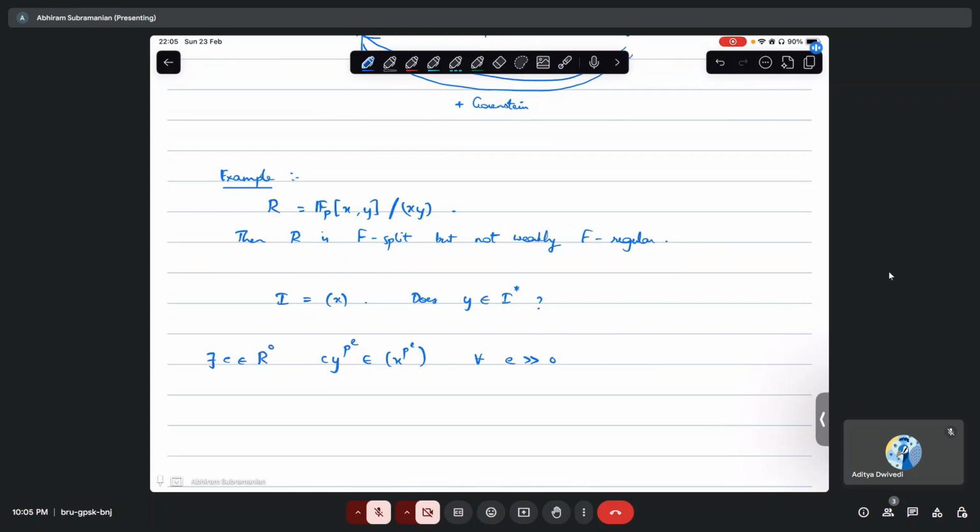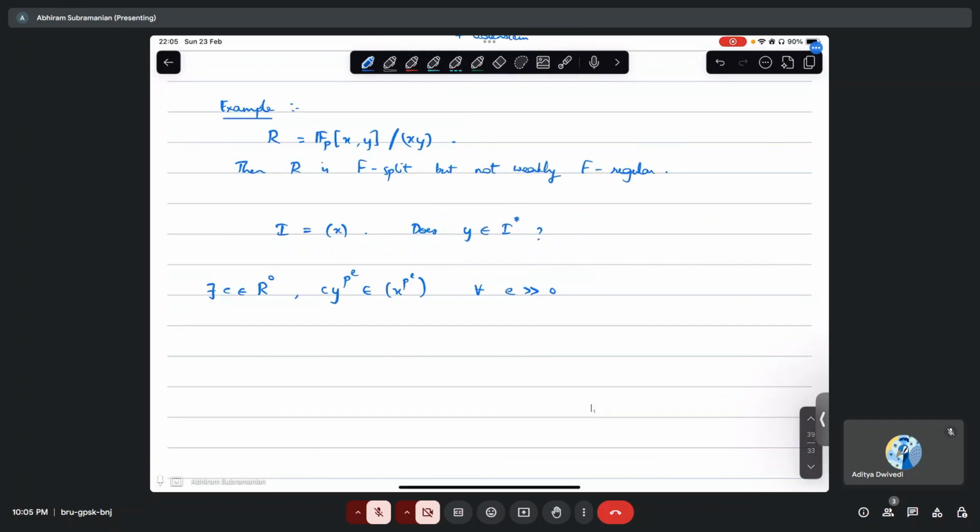The minimal primes of this are x and y. So take C to be x plus y, which belongs to R naught.